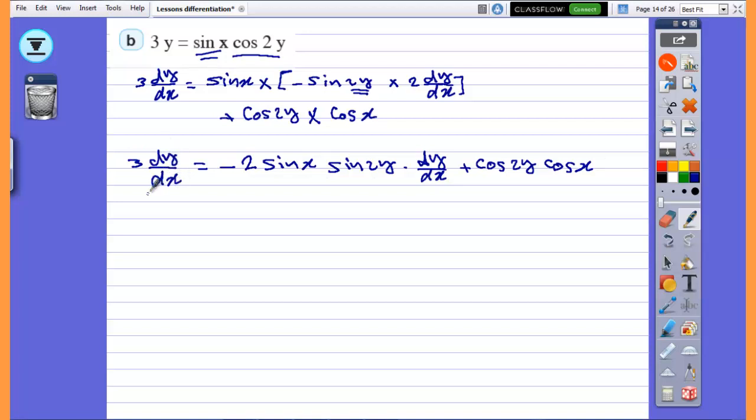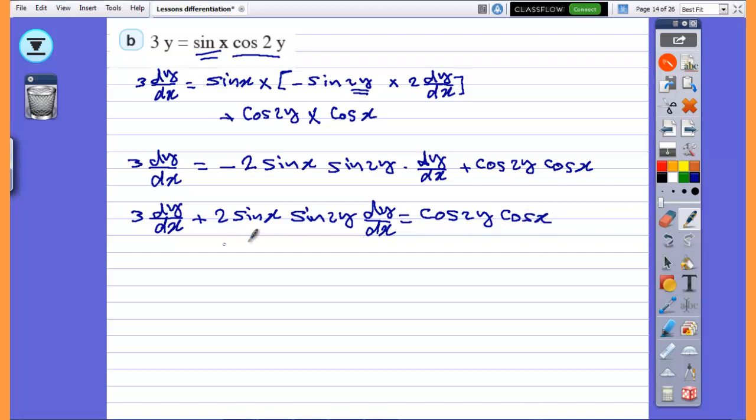Then we collect dy/dx in one term. We collect dy/dx on the left hand side, so we have 3 dy/dx plus 2 sin x sin 2y dy/dx equals cos 2y cos x.